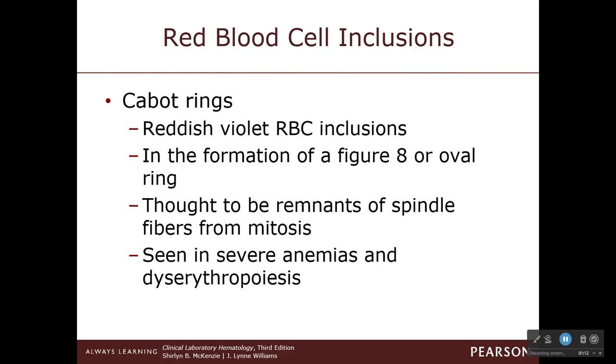The theory is Cabot rings are remnants of those spindle fibers left over from mitosis when that cell was going through mitotic divisions in the bone marrow. So how did it turn into a figure 8? It just gets tossed around inside the cell from the movement.